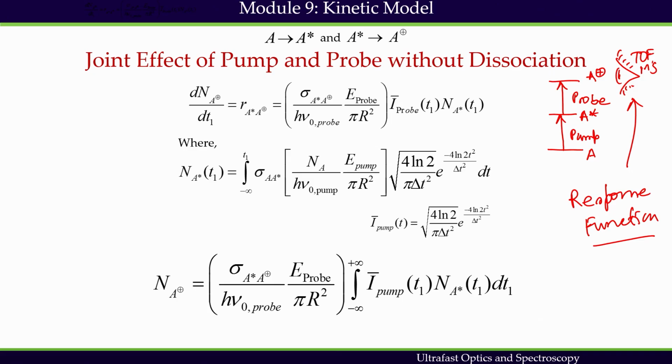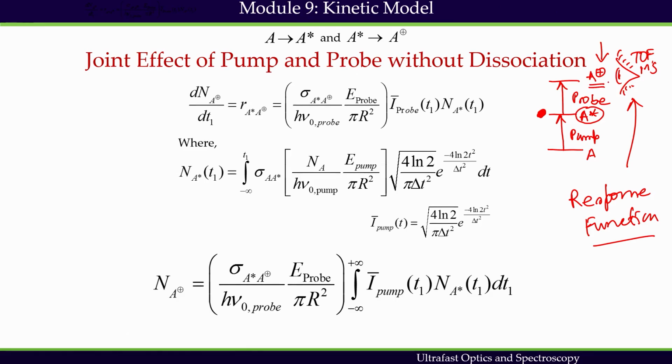Here we can remind ourselves that these ions would be observed only when I have population in the excited state, which means if the delay between pump and probe is too long, then it may so happen that we do not have any more A star because it is decaying, and we may not see A plus.